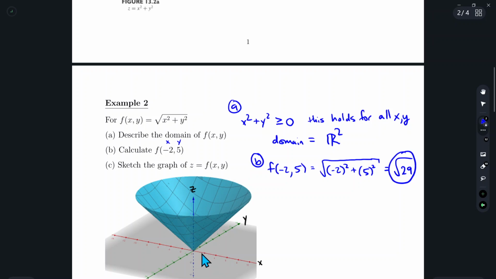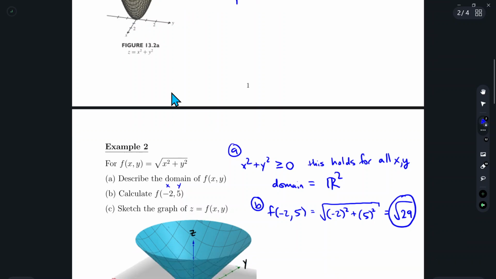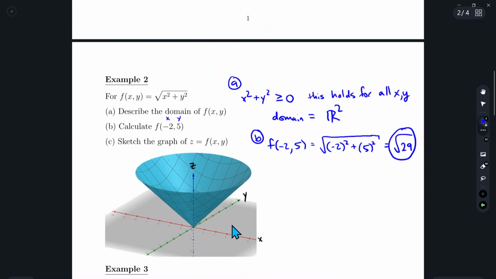So this diagram is somewhat rotated from the usual orientation that we have. Usually we think of the x as going out of the page and the y as going horizontal. So this one is slightly rotated in this direction.